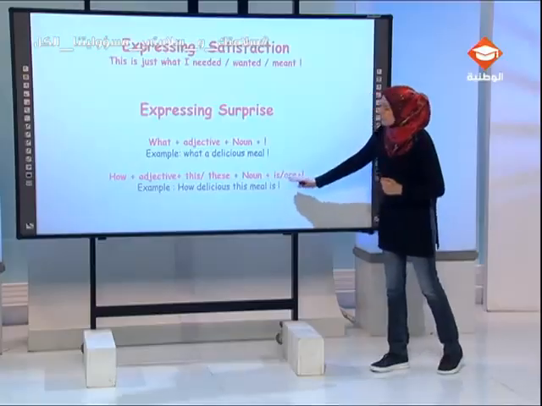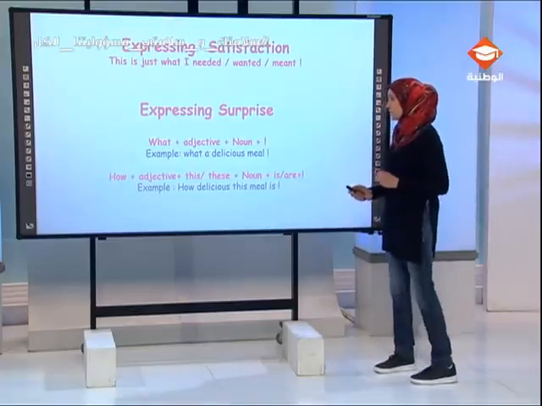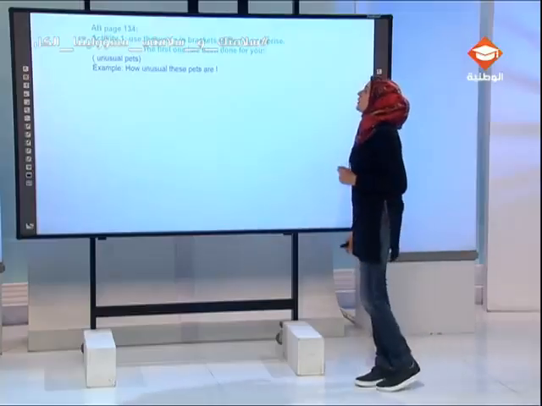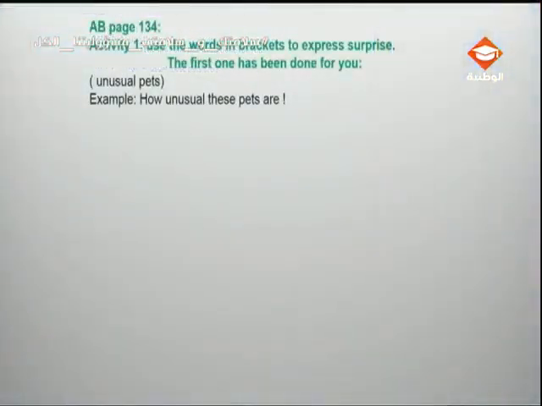Let's practice the second. This is the new structure of expressing surprise. We need to open our activity book, please. We have on page 134, activity 1, we are asked to use the words in brackets to express surprise. The first one is done for you just for help.